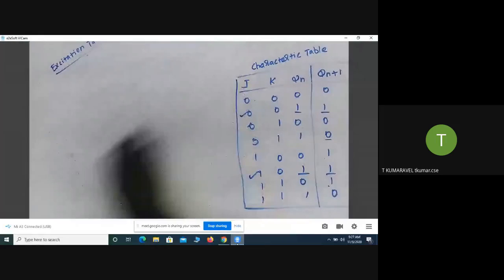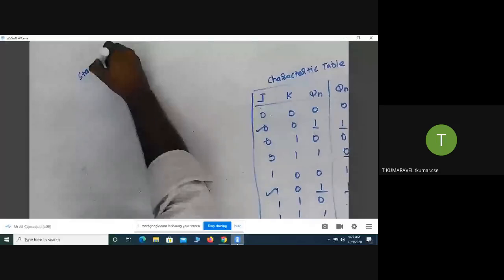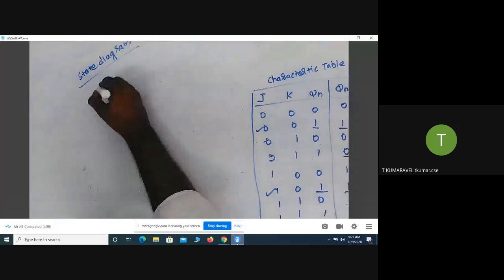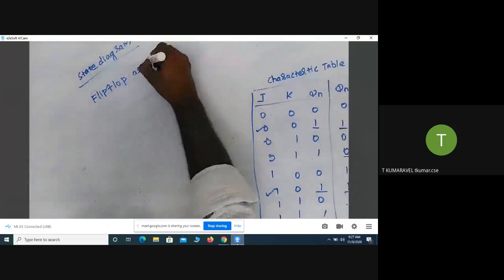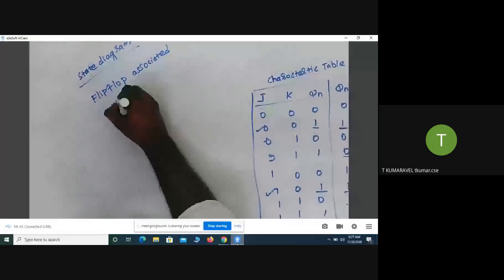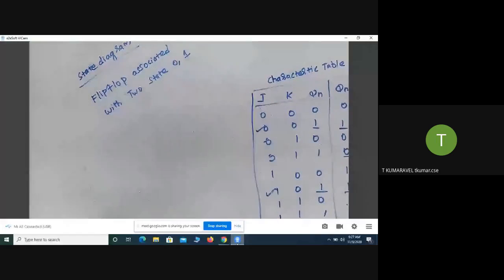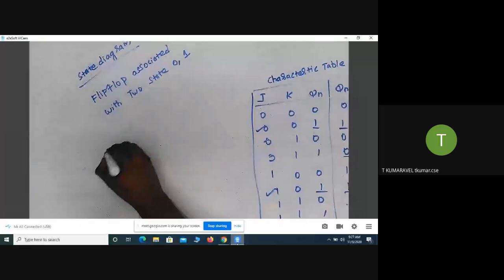If we consider any flip flop, it is associated with two states, one is 0 and another one is 1.